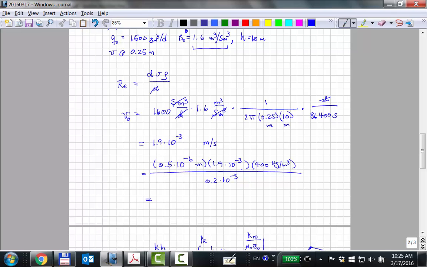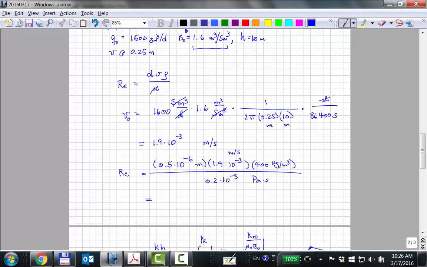This should be our Reynolds number, dimensionless. Viscosity is in pascal seconds, so the seconds cancel.